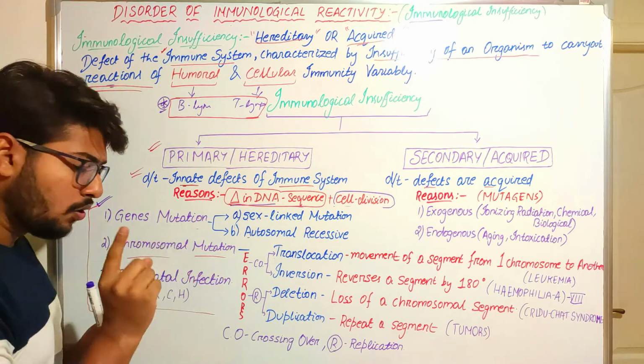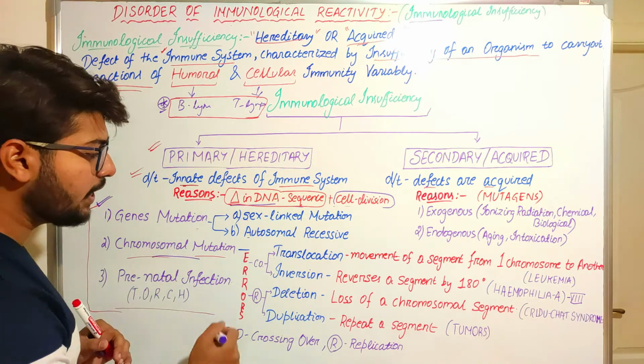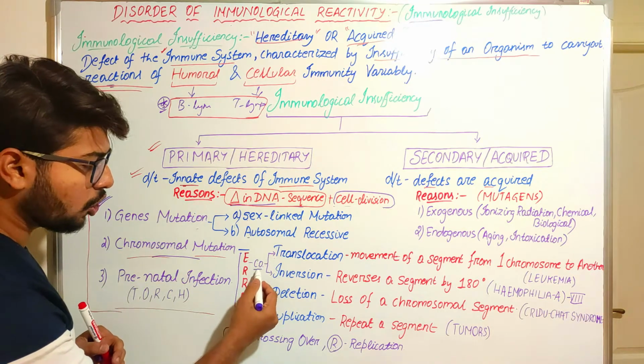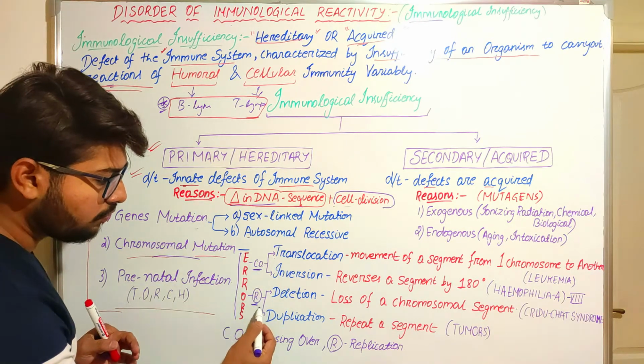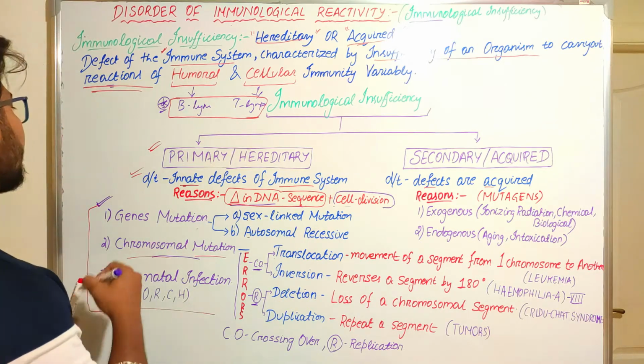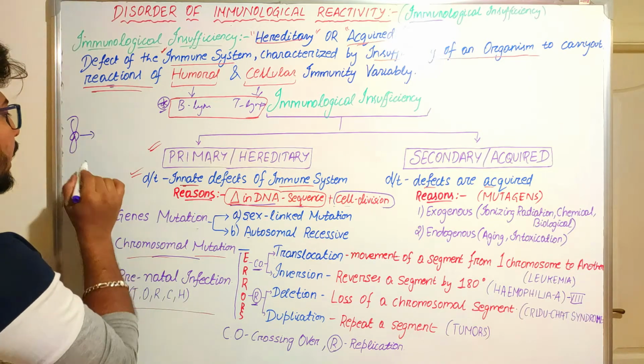This chromosomal mutation is divided according to the errors of crossing over and errors of replication. As there are chromosomes, during the process of cell division, what will it do?